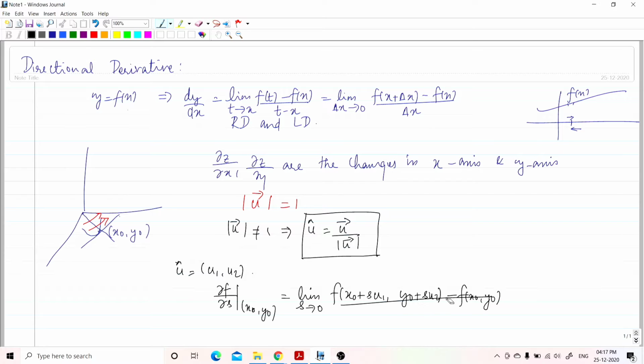If this limit exists, then we say this limit is the directional derivative. This is the definition of a directional derivative. Guys, are you clear with the definition?